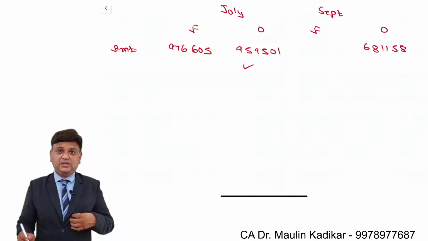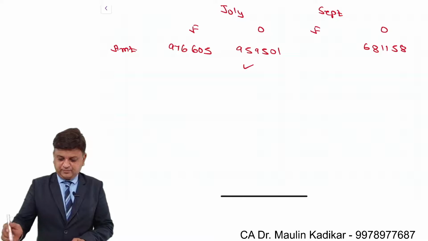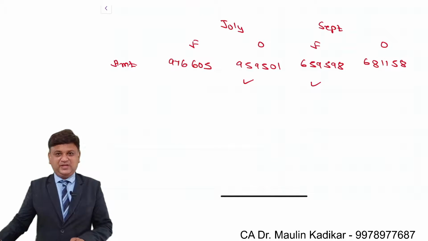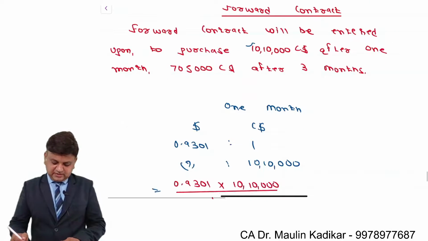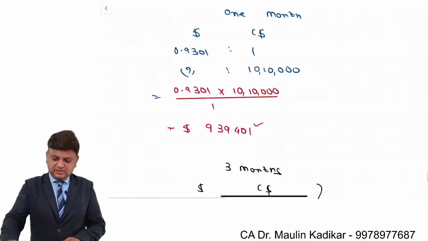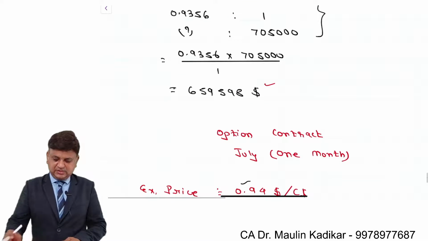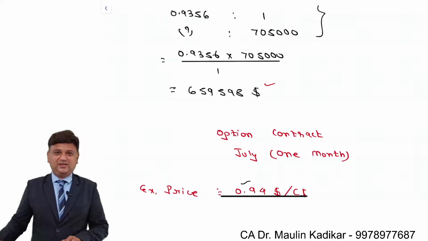So option is better than forward. And for 3 months, 0.9356 into 7,05,000, that is 6,59,598. So in that case, the forward is better than the option. That is what we understand. So here we can see that for 1 month it is 939401 and for 3 months it is 659598.